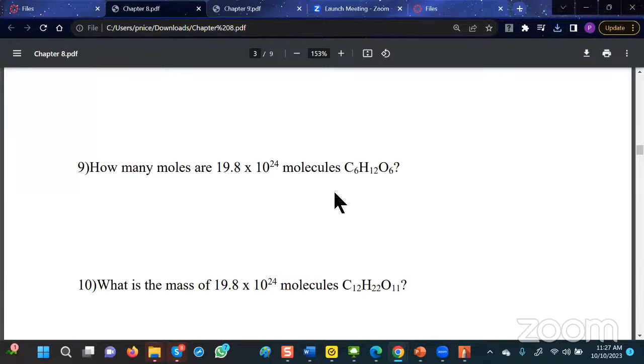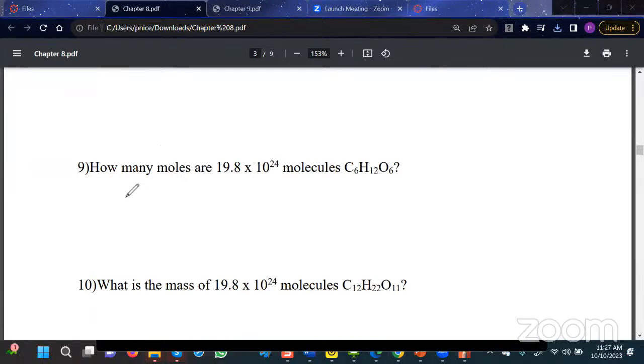Yeah, that one. I did the 19.8 times 10 to the 24th. And then I put the parentheses, 1 mole over Avogadro's number. All right, let me write down what you're telling me. So you start off with the 19.8 times 10 to the 24 molecules of C6H12O6, right?